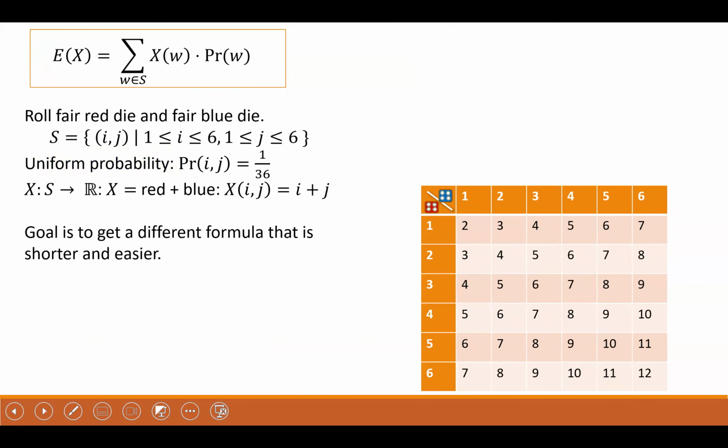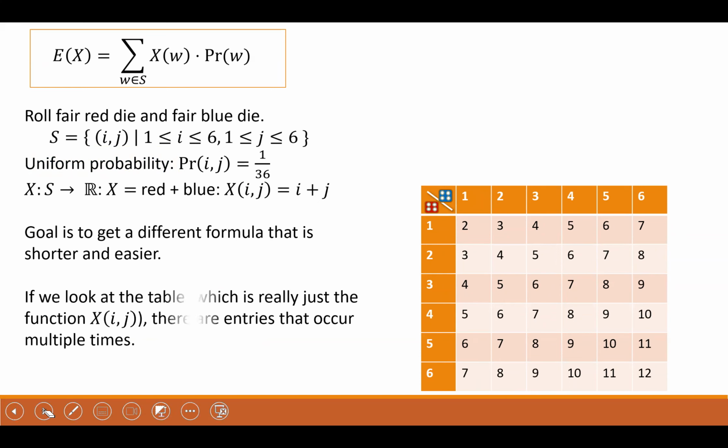All right, so we want something shorter and easier. I mean, here there's a lot of symmetry we could take advantage of, but we don't want to rely on that. This is the hard way to do it. Let's take a look at, well, we talked about random variables and how we can map those to events based on their value.